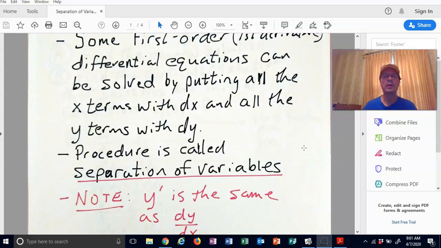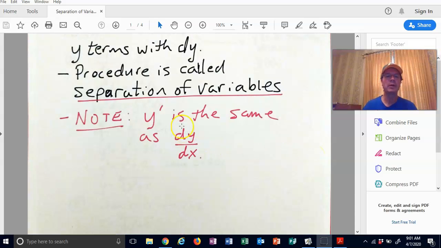So where in the world are the dx's and the dy's coming from? Well, from the derivative, y prime or dy dx. All right, so this is the procedure of separation of those variables. So here's the little note: y prime is the same as dy dx, as you know, and we'll be separating the dy from the dx in these problems.